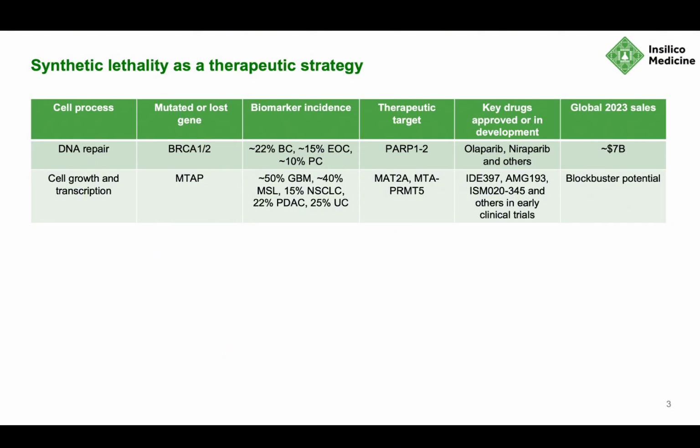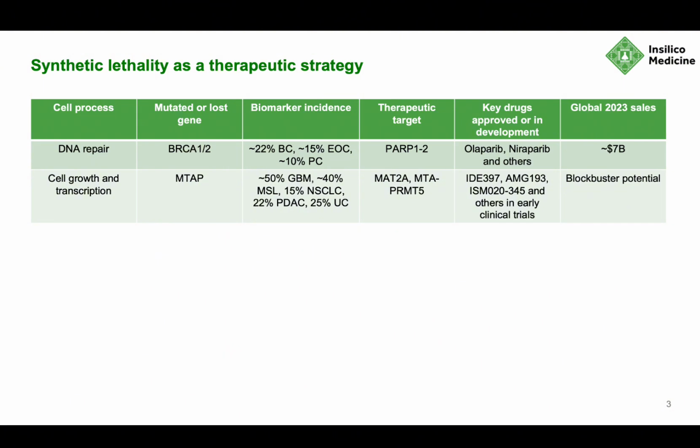Here, the redundant pathway that we're targeting is MAT2A, or MTA-bound PRMT5, which has been shown to selectively shrink tumors in patients with MTAP deletion.